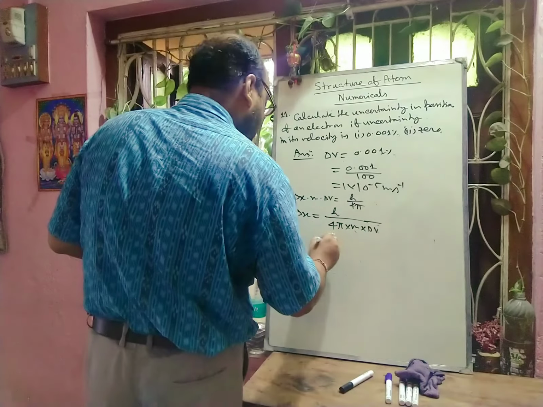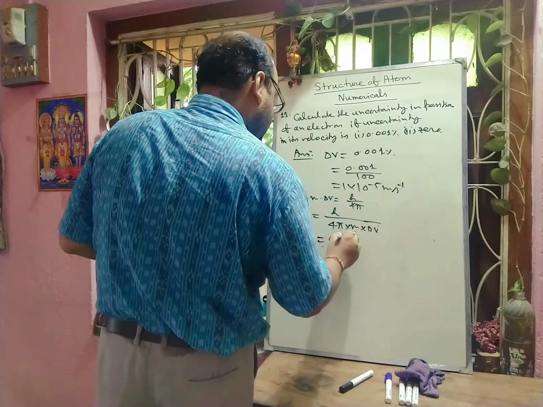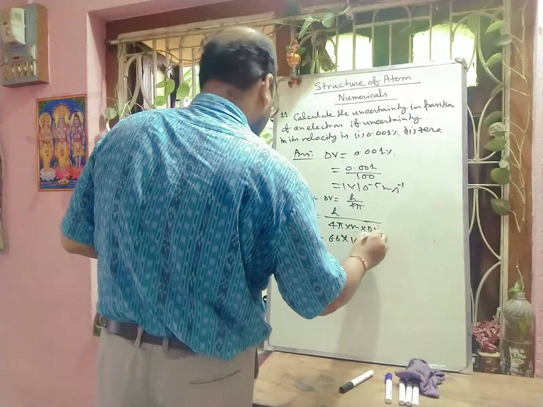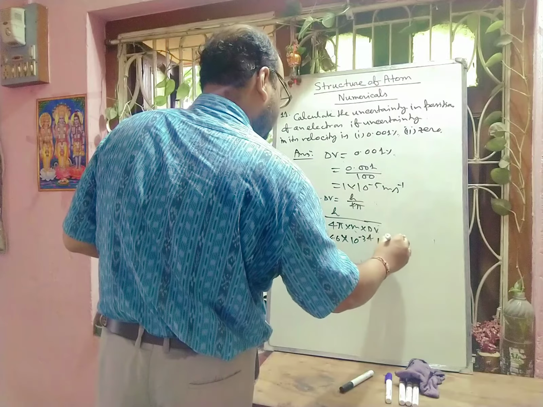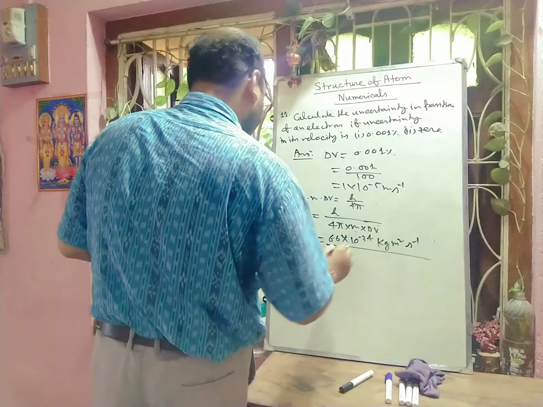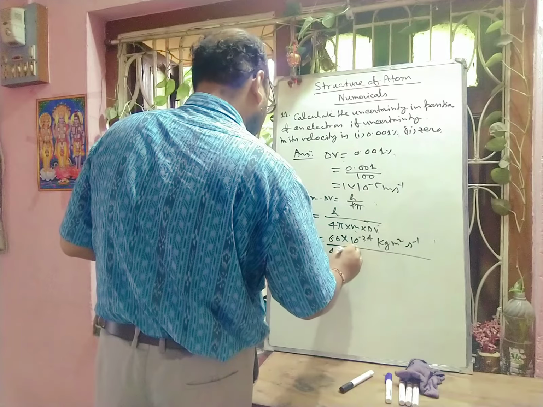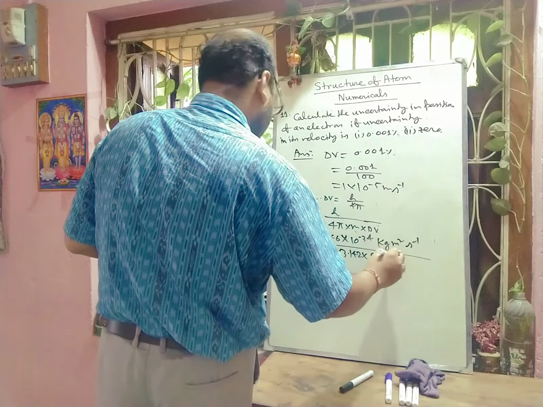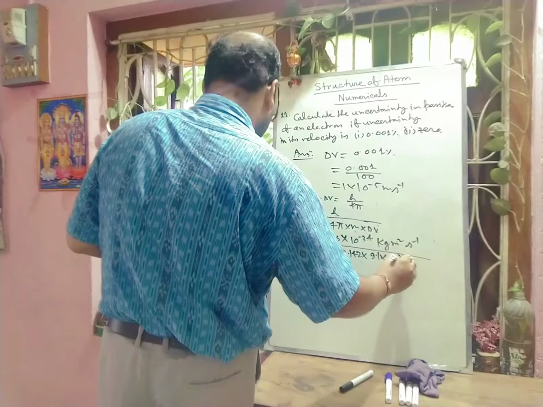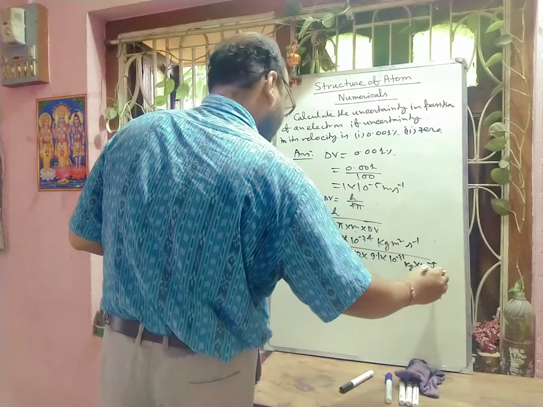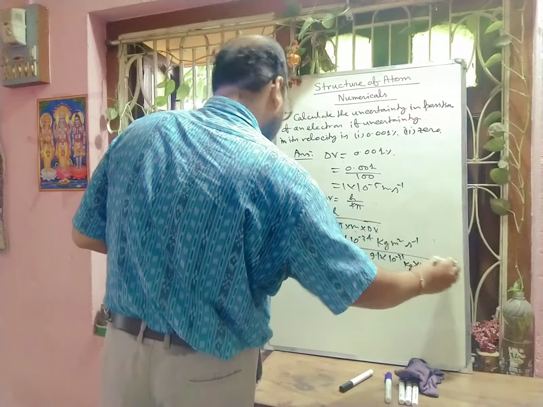If you put the value, that is 6.6 into 10 to the power minus 34 kg meter square second inverse divided by 4 into 3.142 into 9.1 into 10 to the power minus 31 kg into 10 to the power minus 5 meter per second inverse.